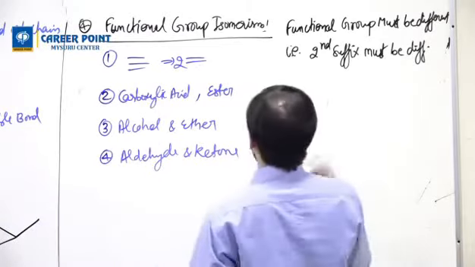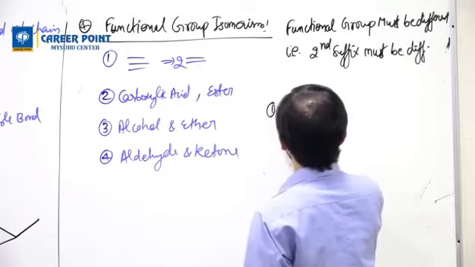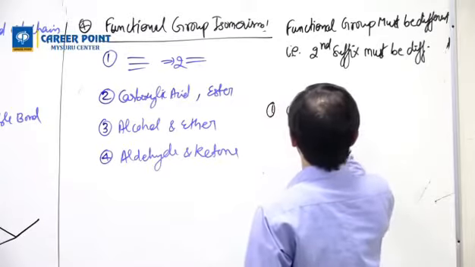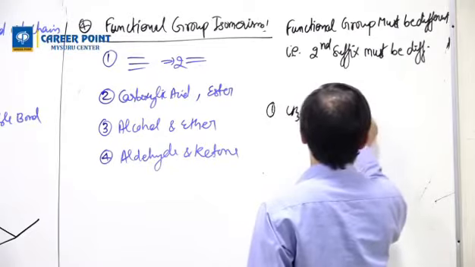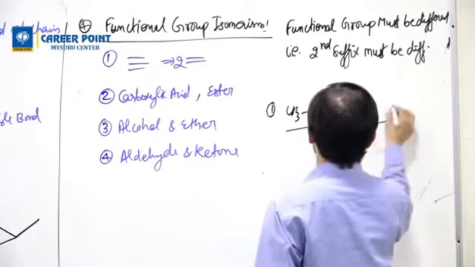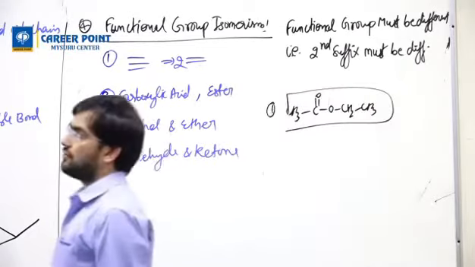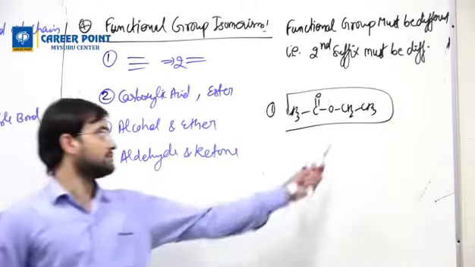One of the examples is this: CH3COOCH2CH3. Tell me the functional group isomer of this.